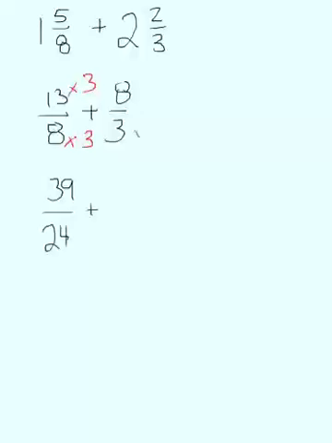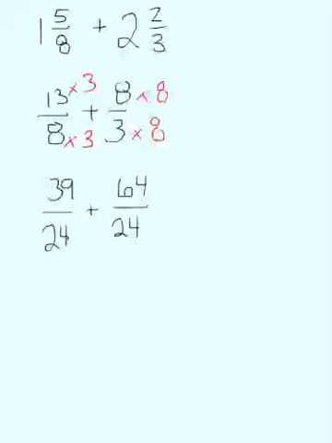Next one, we're multiplying times 8s. This is where some of you that need to refresh on your times tables, it's going to come back and you're going to see that 8 times 8 is 64 over 24. Does that make sense?